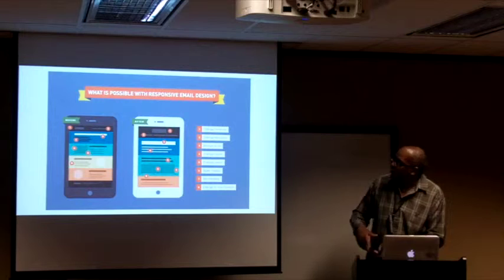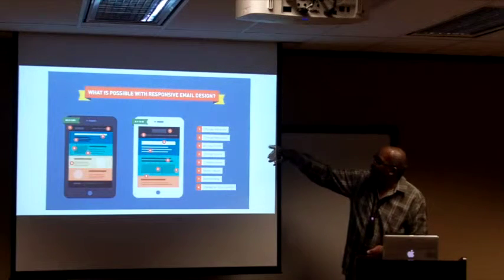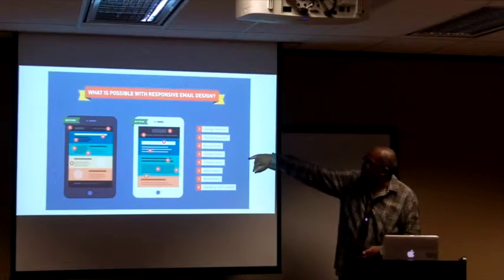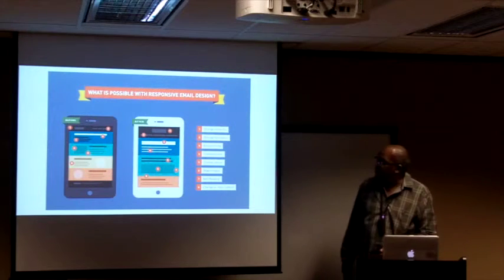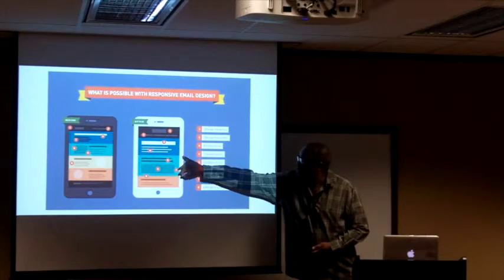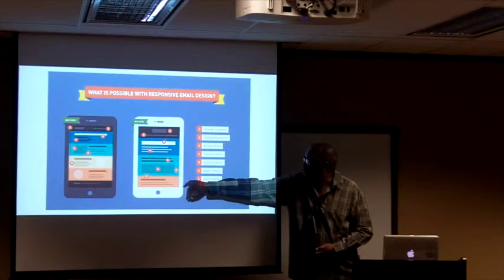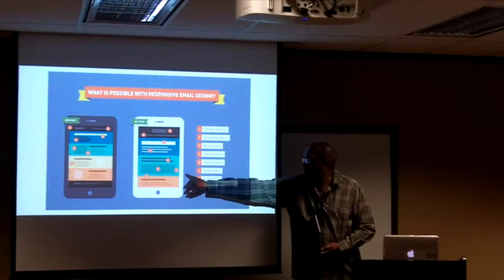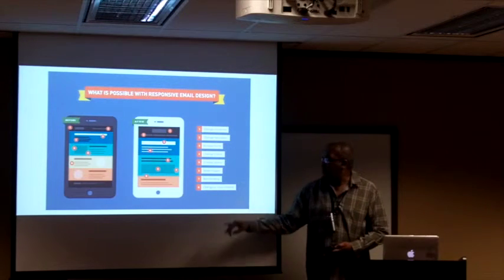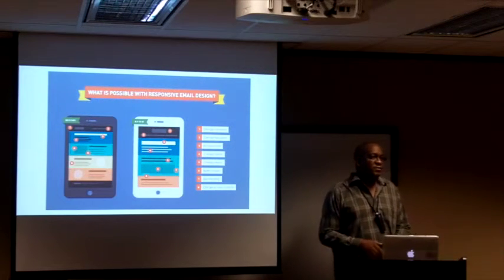With the after here, for those of you in the back who might have a little trouble reading it, you can change your hierarchy, you can change your navigation, you can enlarge your fonts, you can change your colors, change your layout, you can scale your images, you can add padding, and you can change or hide content.